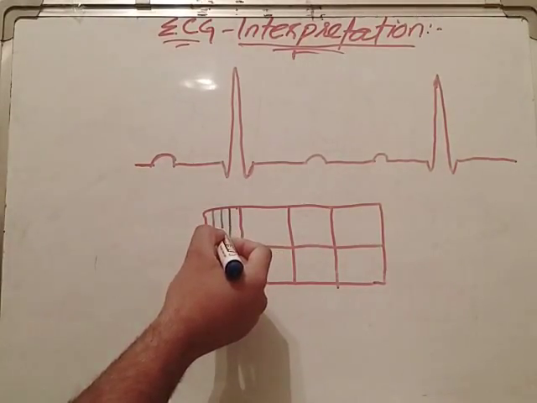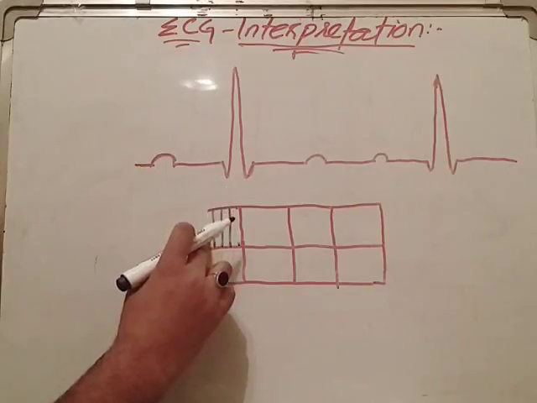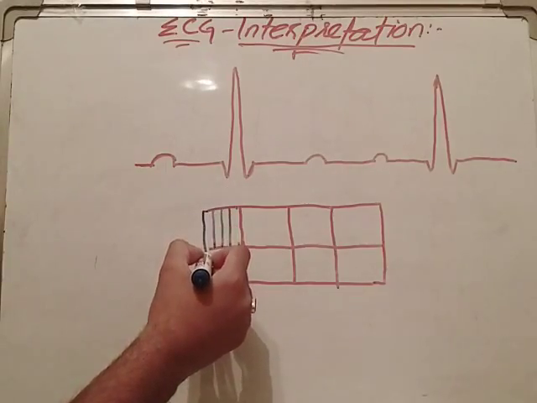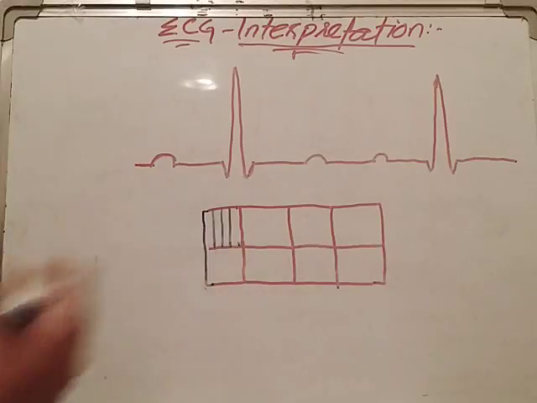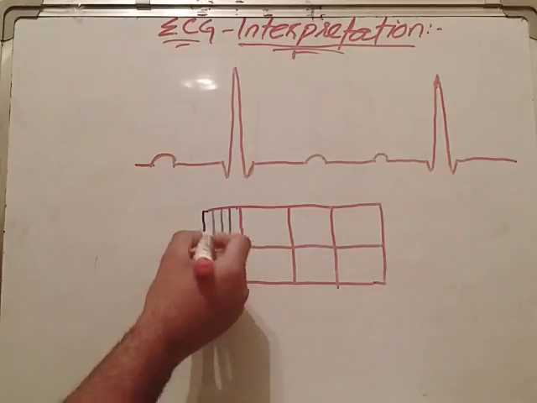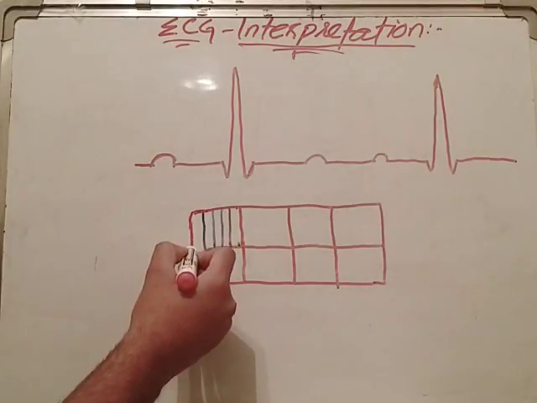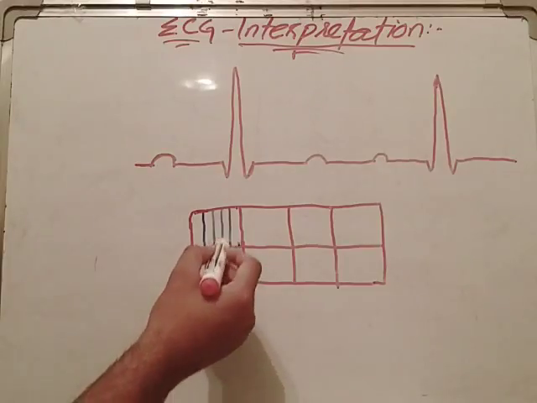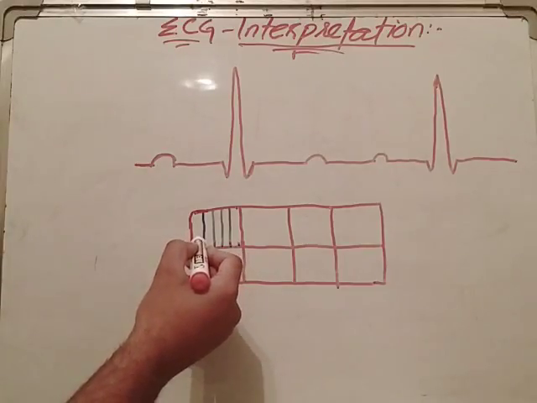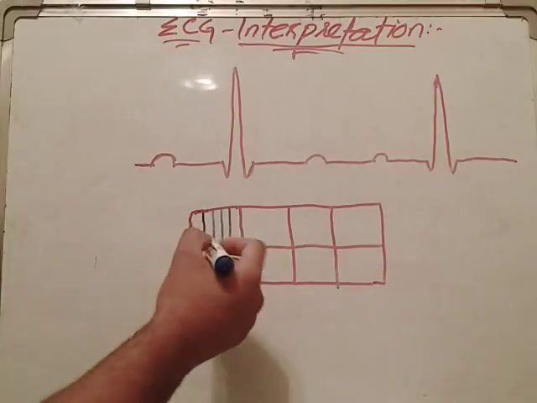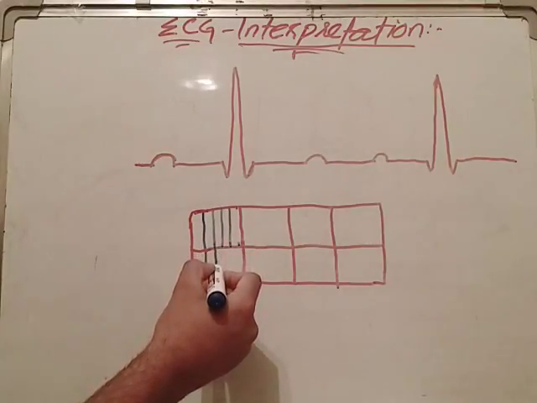One, two, three, four, and 5. Yes, so every large box has 5 small boxes.